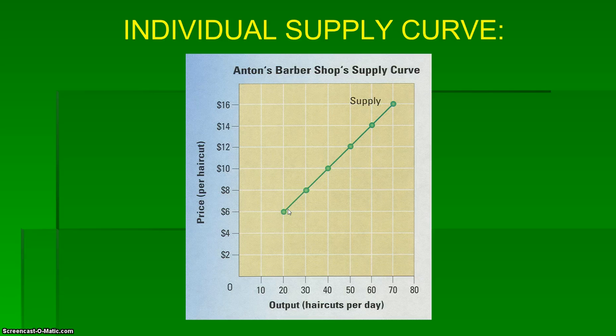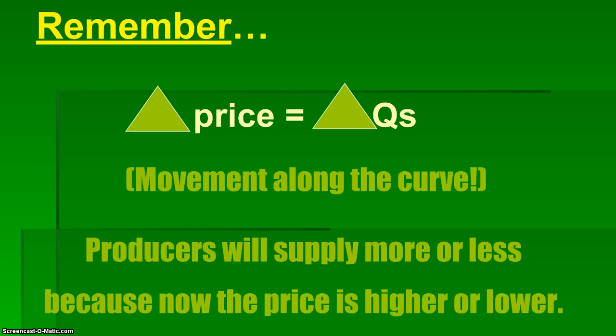Sellers can't afford to sell as many units of output at those low prices. Their costs of production are too high. So as price goes up and their profit margin increases, they're willing and able to supply a higher number of units. So this slide talks about the relationship between price and quantity supplied.